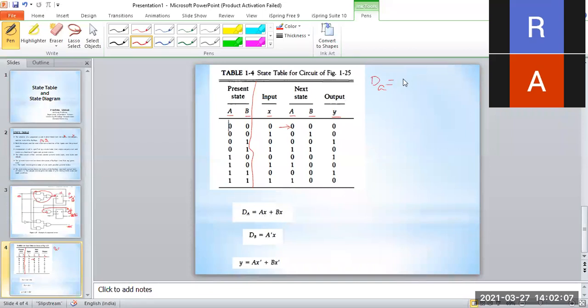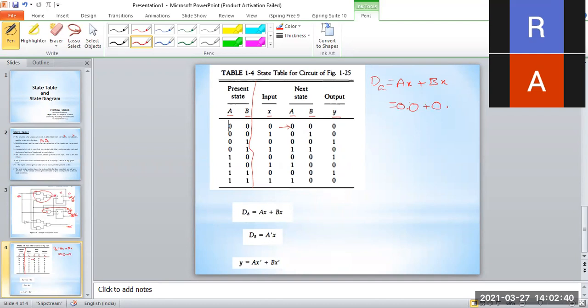Now, what is the present state of A? Let me write it here again. dA is equal to AX plus BX. Now, what is the present state of A here? Present state of A is 0, into what is the X value here? 0, plus what is the present state of B here? 0, and what is the input value?